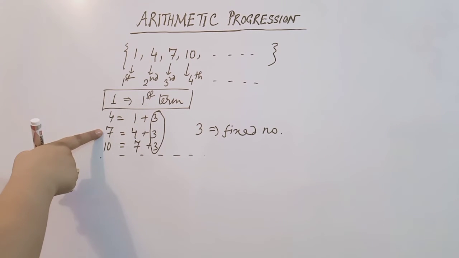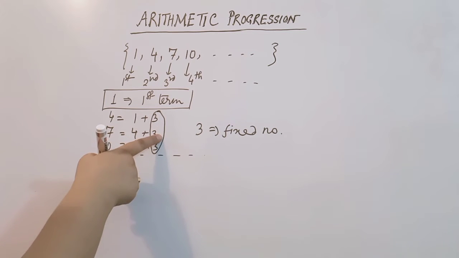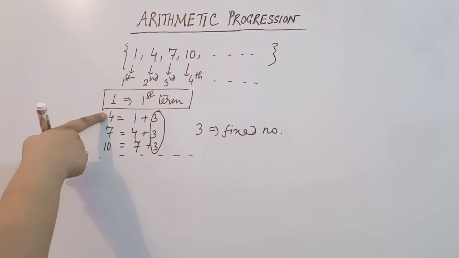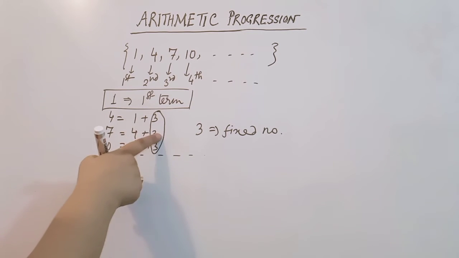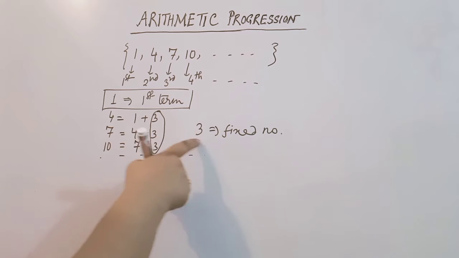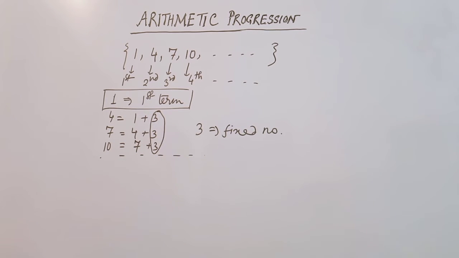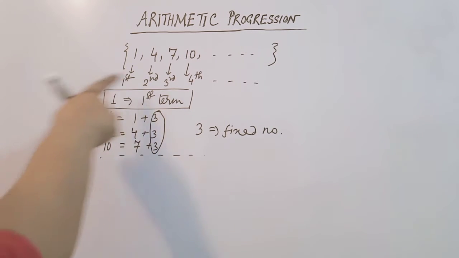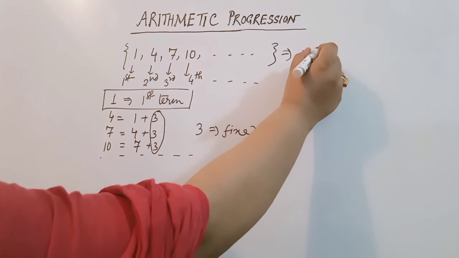In order to get the third term 7, we have to add 3, means the fixed number, with the second term. In order to get the fourth term, we have to add 3 with the third term. So here 3 is that fixed number, and each term of this progression is obtained just by adding this fixed number to the preceding term, except the first term. So this progression gives an arithmetic progression.